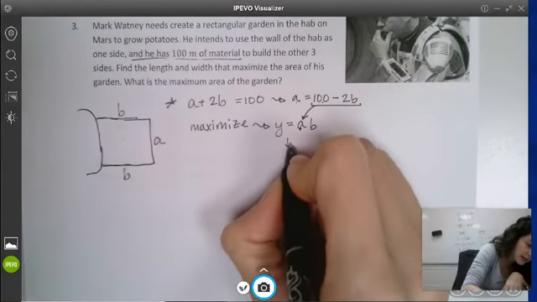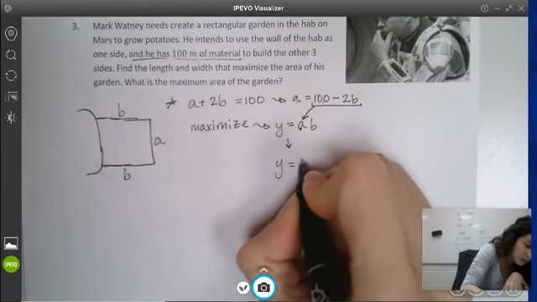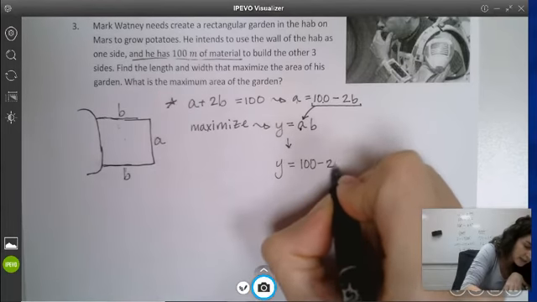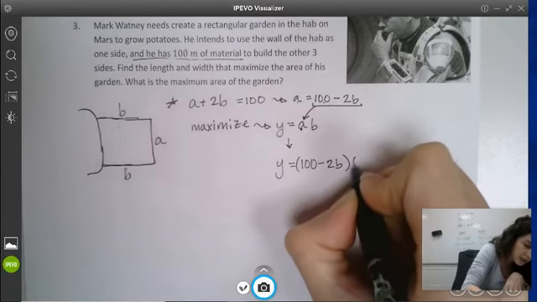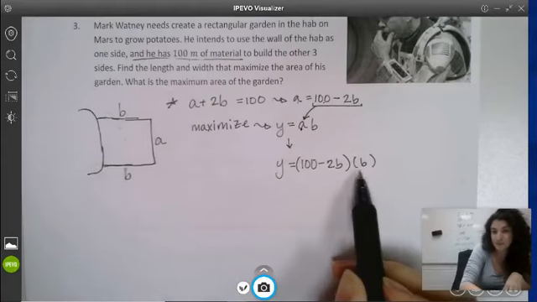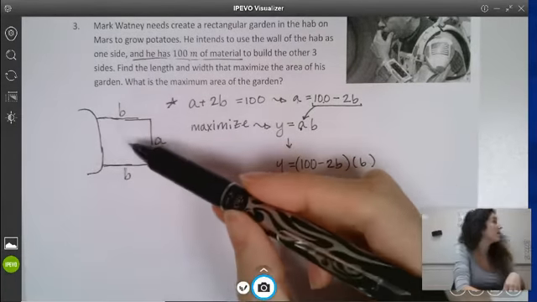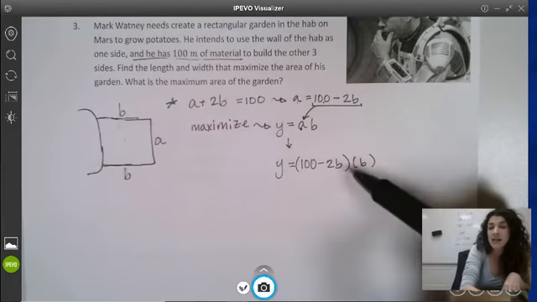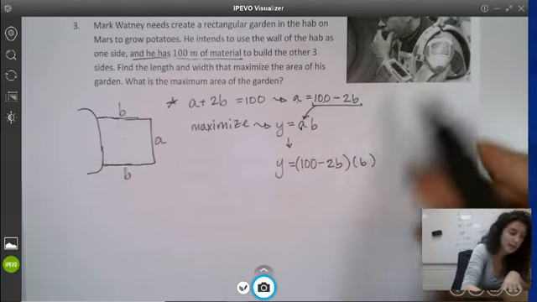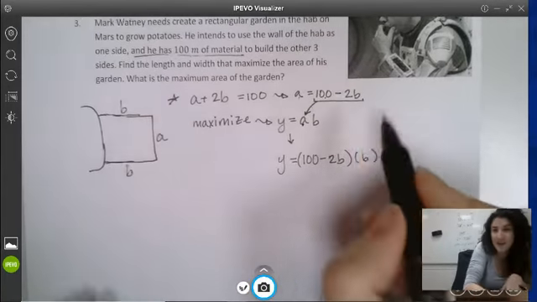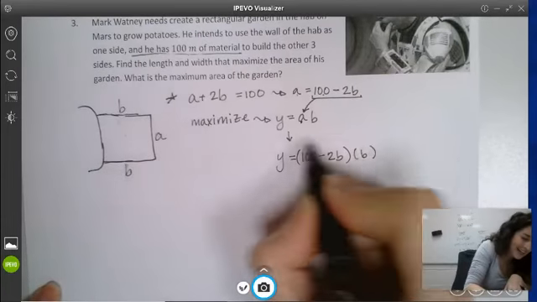So I can rewrite it as y equals 100 minus 2b times b. So now I've taken this equation that represents the area of my plot and represented it as a quadratic. Sorry, spoiler alert.